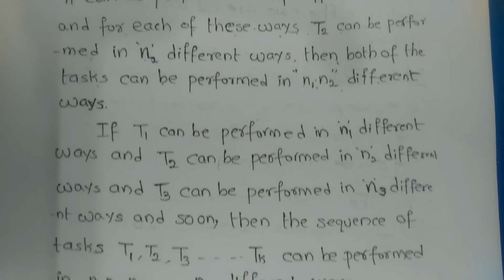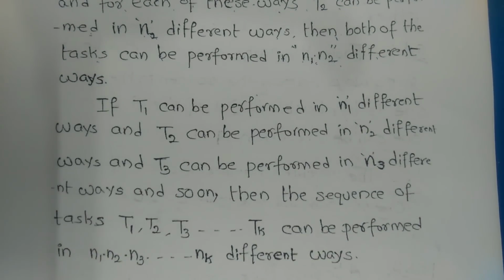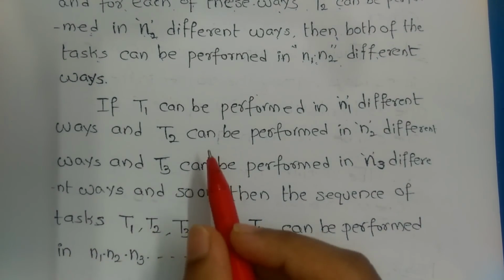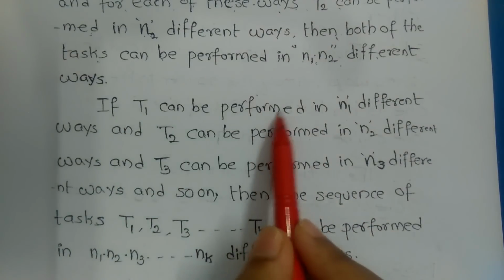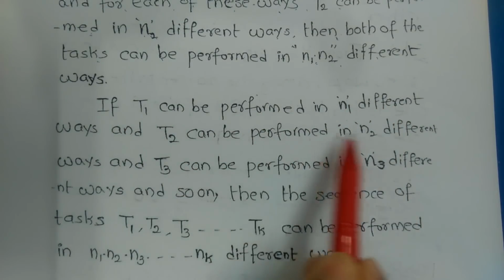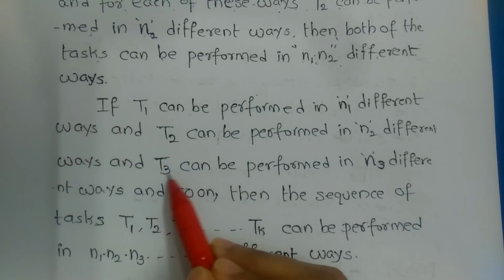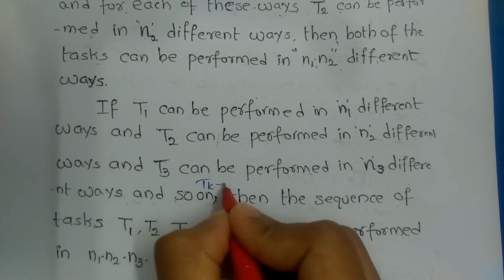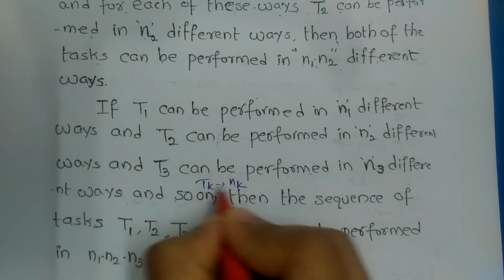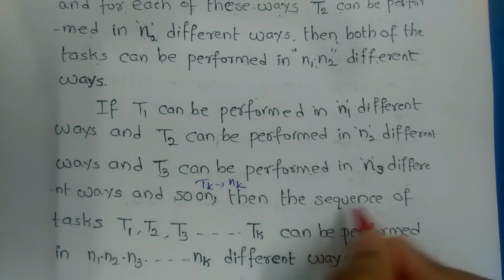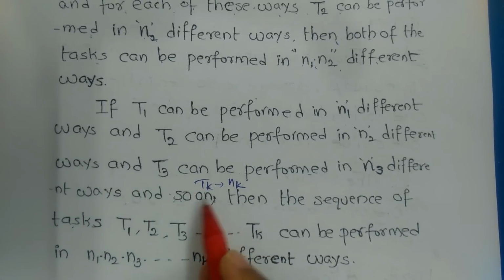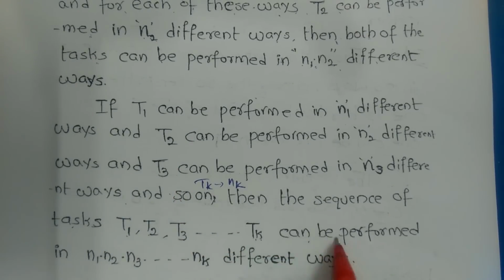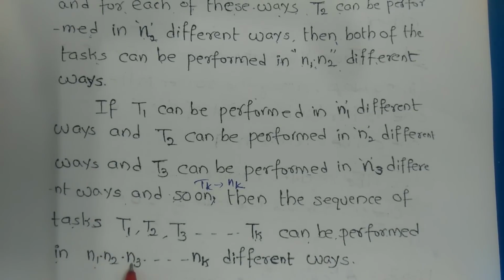And also we can see if there are k number of tasks. At that time we shall see the formula. If T1 can be performed in N1 different ways, T2 can be performed in N2 different ways, T3 can be performed in N3 different ways, and so on, and Tk can be performed in Nk different ways, where k can be any value, then the sequence of tasks T1, T2, T3 and so on up to Tk can be performed in N1 into N2 into N3 and so on up to Nk different ways.